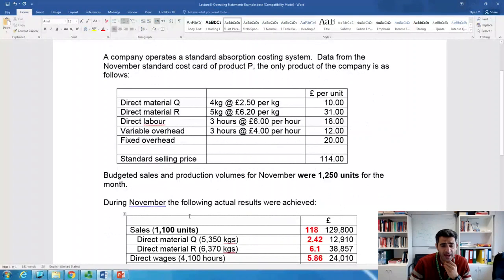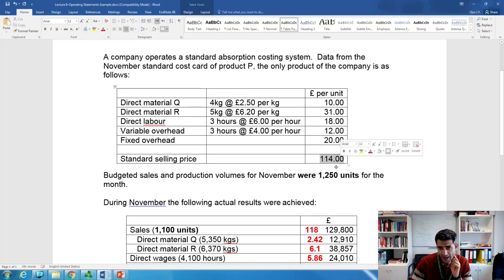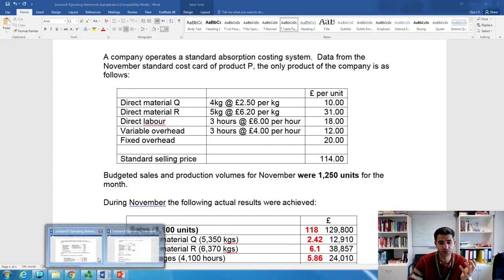The total budgeted profit: here we have all the costs plus the selling price per unit. £114 is the budgeted selling price, and you need to subtract all the budgeted cost to find the standard profit margin, or budgeted profit margin.